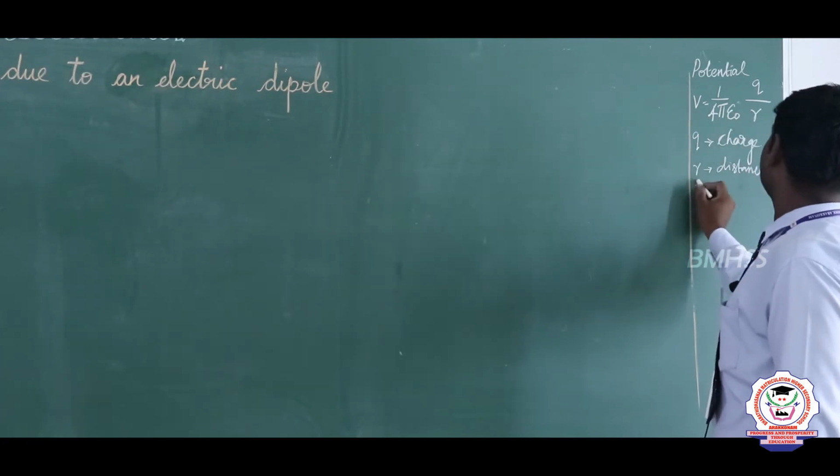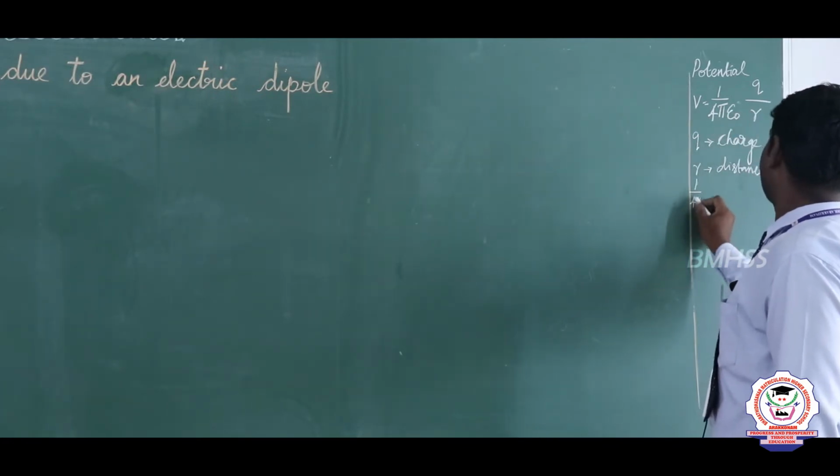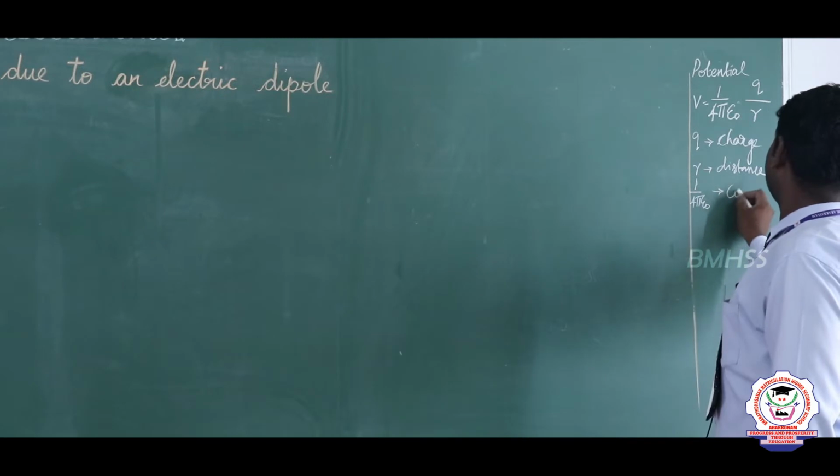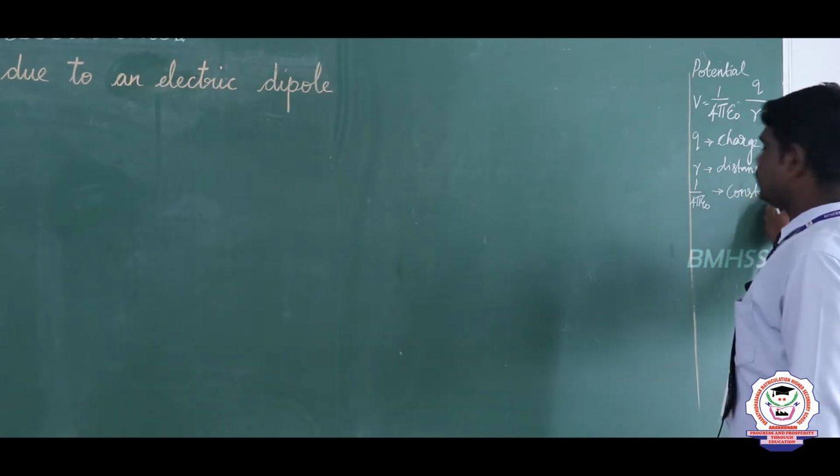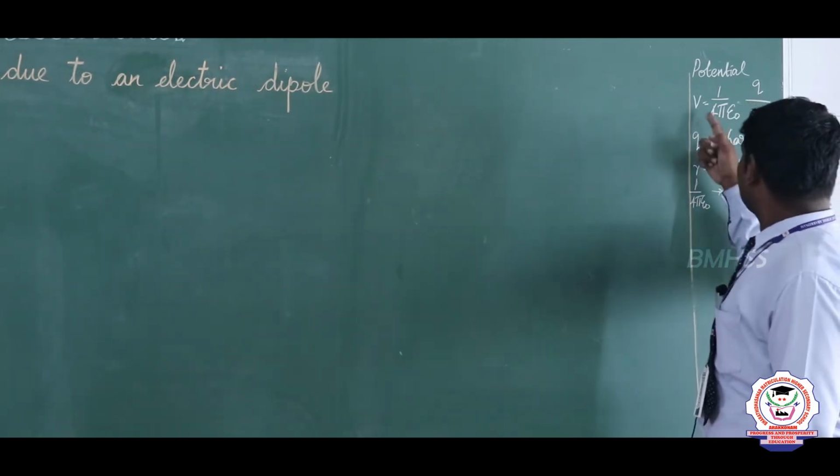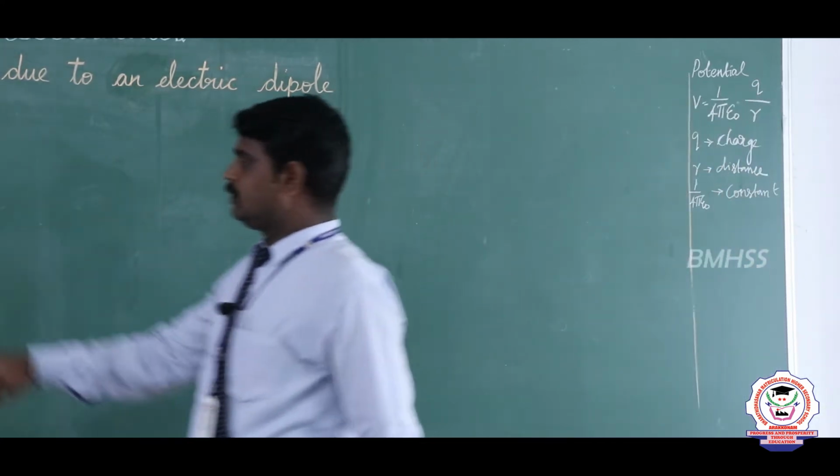And this term 1 by 4 pi epsilon naught is nothing but a constant. Now, this formula we have to apply here.